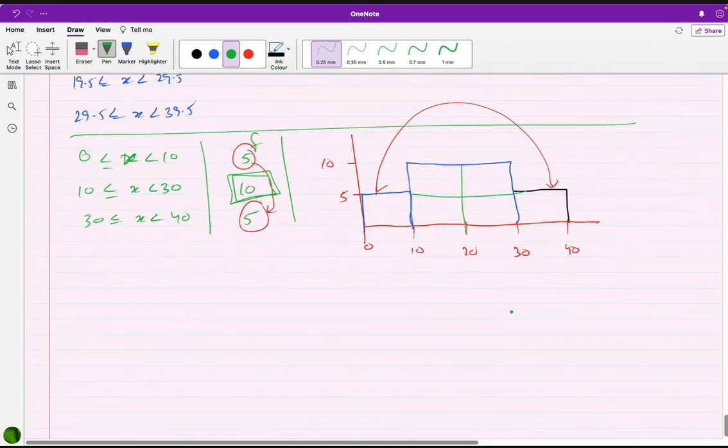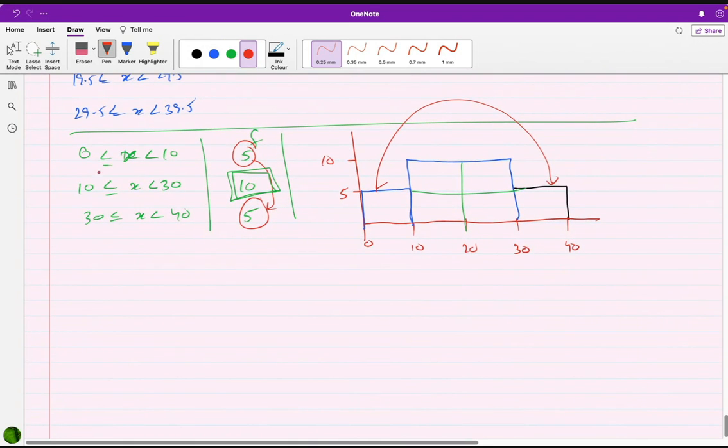So what we do when we have unequal class widths: this width is 10 units and this width is 20 units, the last width is again 10 units. Whenever we have different class widths, we draw frequency density. 0 to 10, 10 to 30, and 30 to 40.